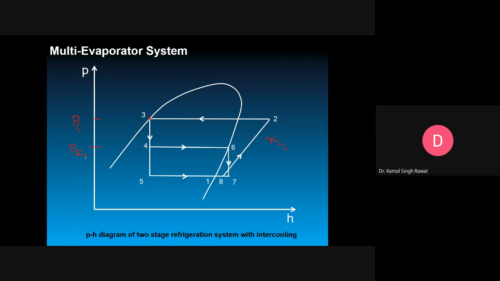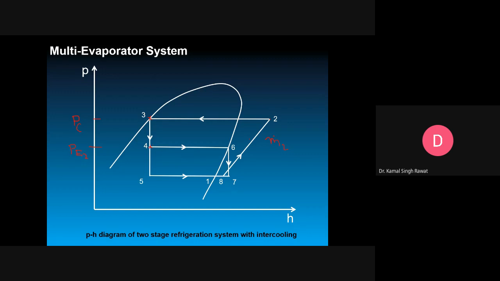And in this process, how much mass flow rate? Sir, M2 minus M1. So we are sending only M2 minus M1 in the process 3 to 4, and at point 4 we have a liquid plus vapor mixture at the second evaporator pressure.